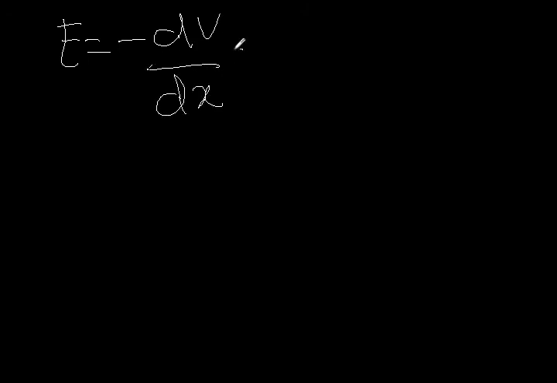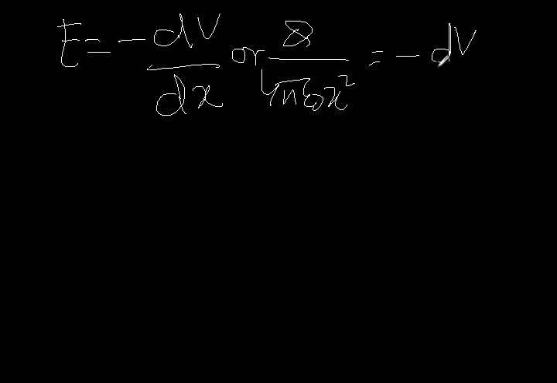Now let me come to this relation of E is equal to minus dV by dx. And then I replace the value of E by Q by 4 pi epsilon naught x squared, which is minus dV by dx.